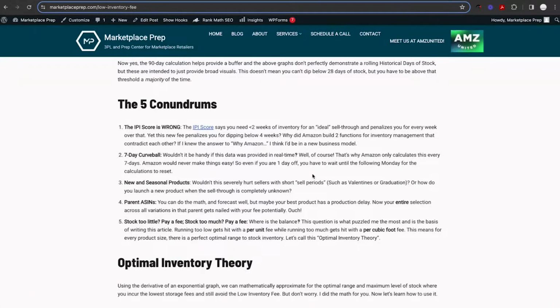7-day curveball. So wouldn't it be handy if this was real-time data? But you're dealing with a delay. So with that 7-day gap of information, you probably need to not run below 28 plus 7 days. So that's what, 35?